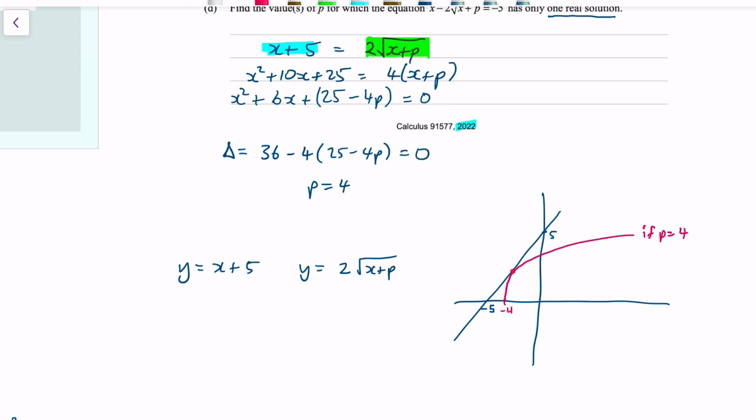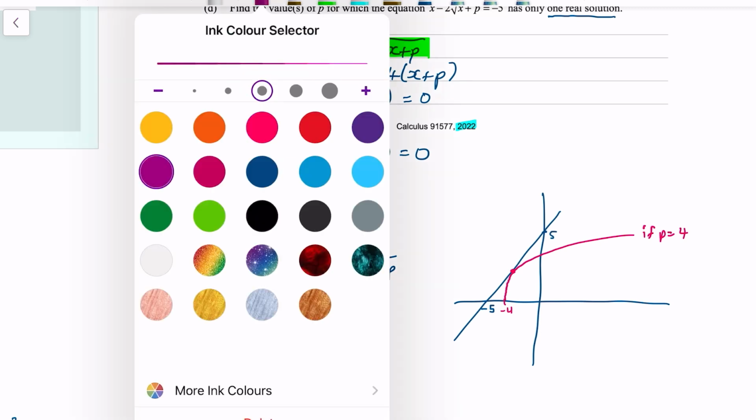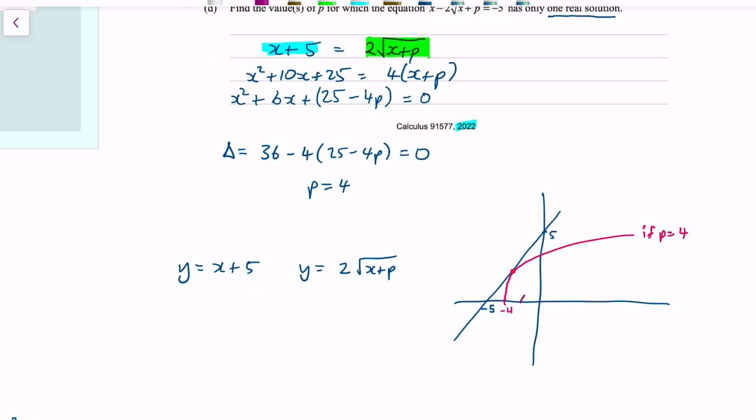But I only need to adjust p slightly for it to have no solutions, and that would be the case if p was less than 4. For example, in another colour, I could have something that looks like this, and that would be, say, minus 3, if p equals 3, no solutions.